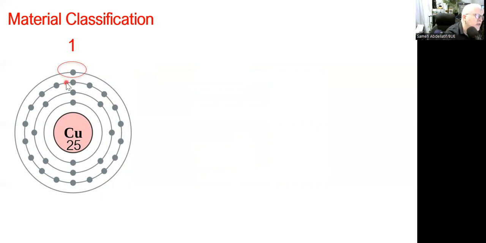So it is very easy to kick this electron out to a higher energy level, and then it becomes a free electron. Accordingly, each atom of copper can donate an electron.